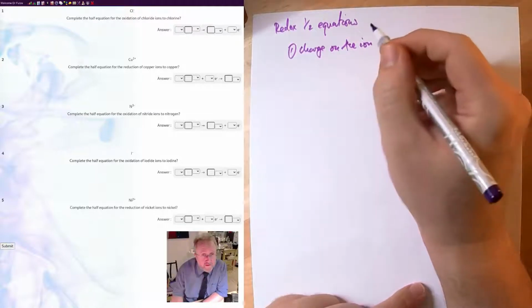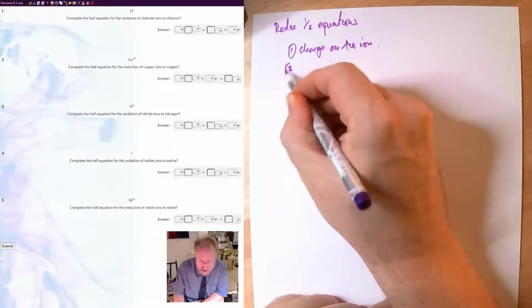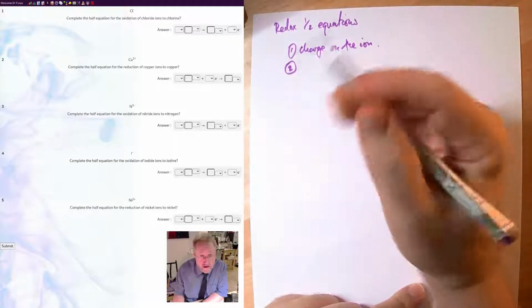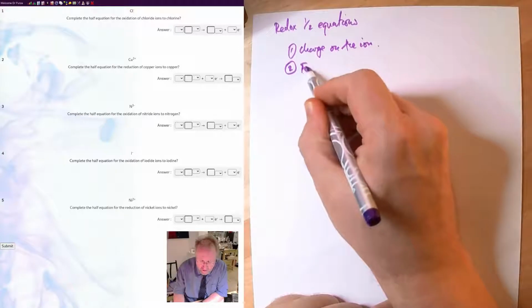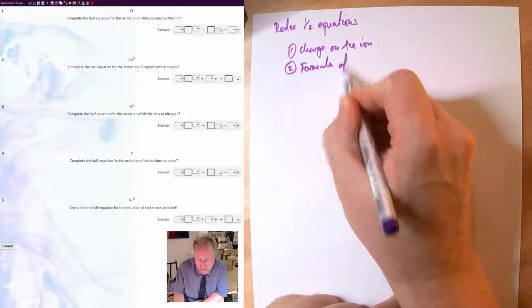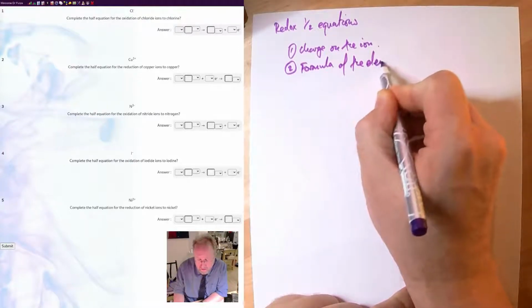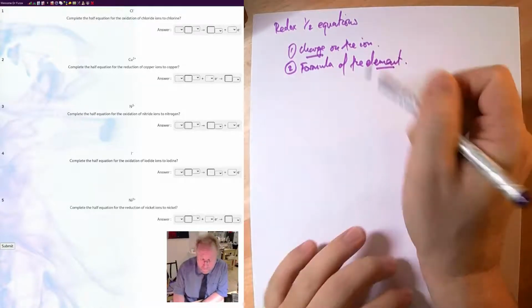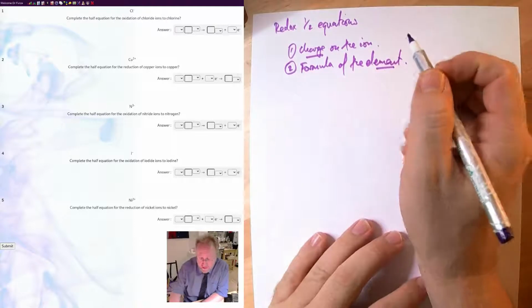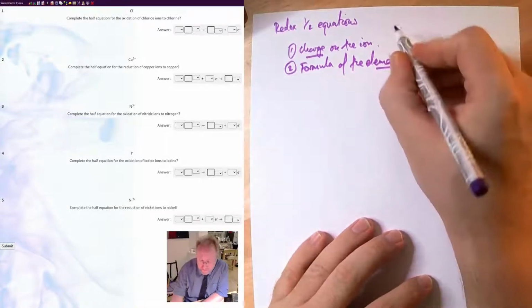Possibly the most important. The second thing is the formula of the element. So usually the charge is fairly straightforward. You can get that from the periodic table.